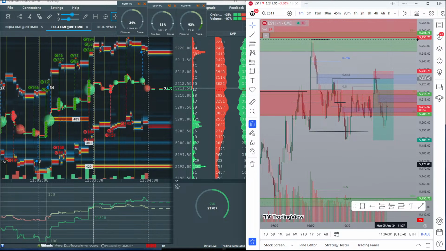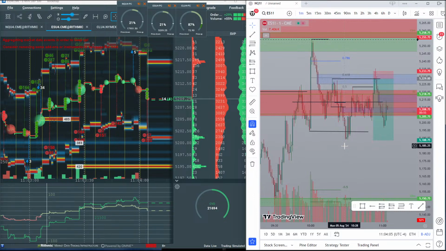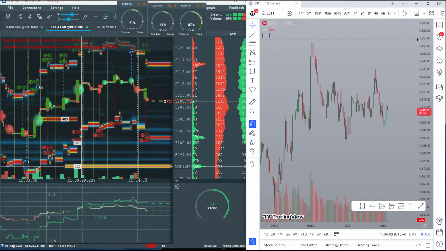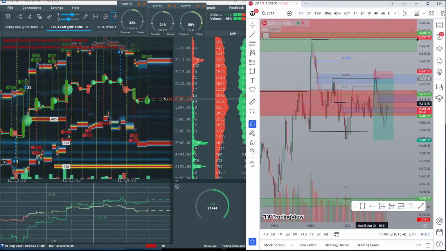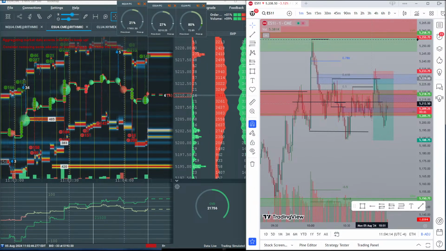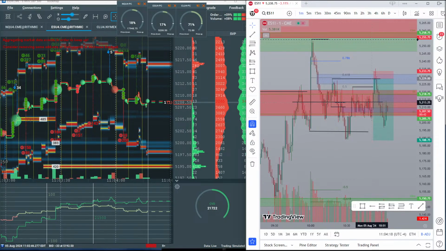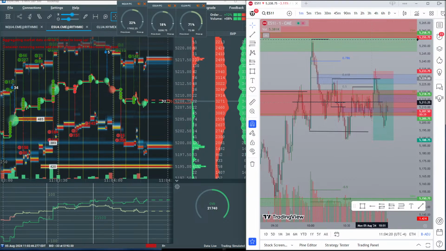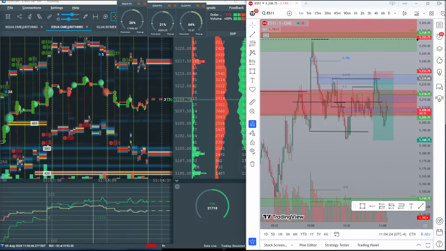I'm gonna put a limit order on ES shorts. In the fair value gap. Hold up, I'm modifying it.